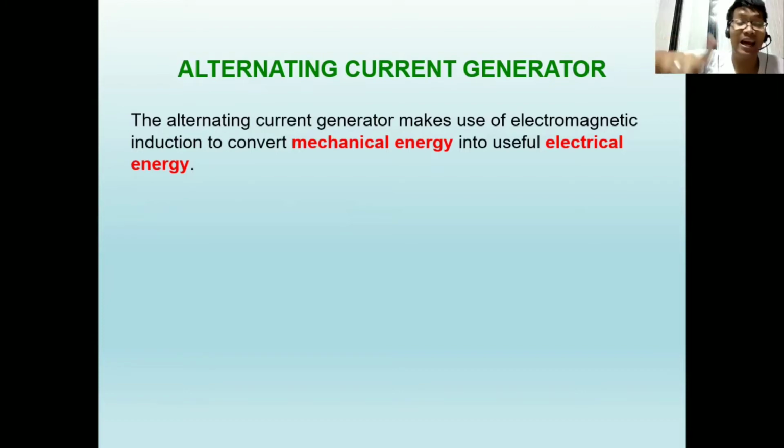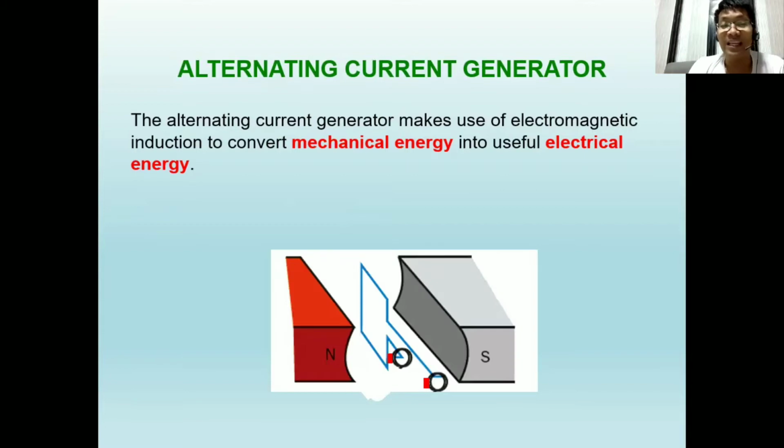So, ibig sabihin ay may movement, tapos sa movement na to ay makakaproduce tayo ng kuryente. That's why it is from mechanical to electrical energy. Paano nangyayari yon? Let us have the setup for AC generator. And basically, it looks like this.